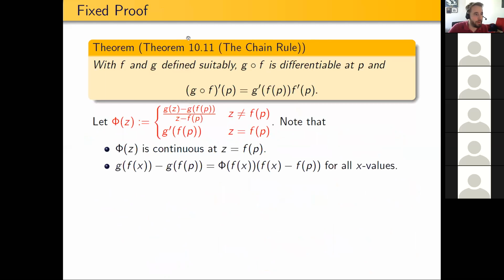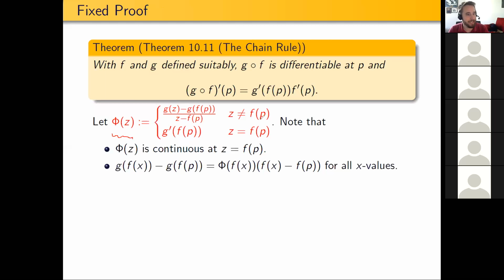In other words, we are going to try to get around this by introducing a function that is sort of piecewise defined specifically to get around this issue. So we are going to get around this by defining a function phi of z as follows.